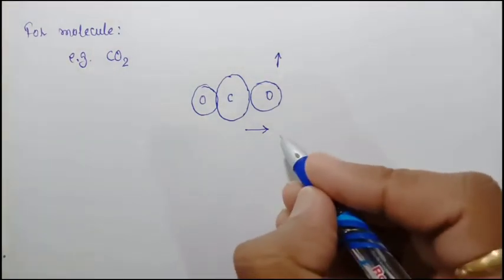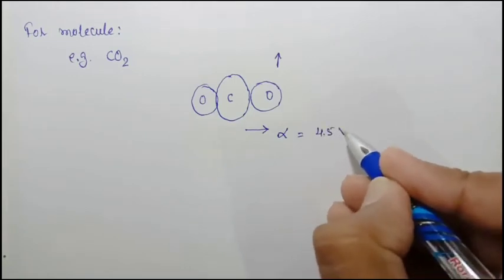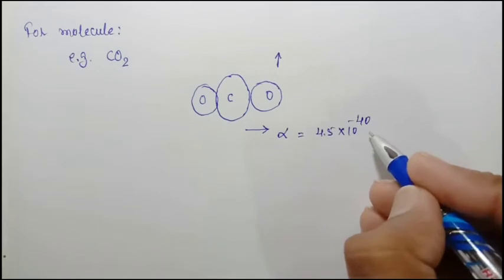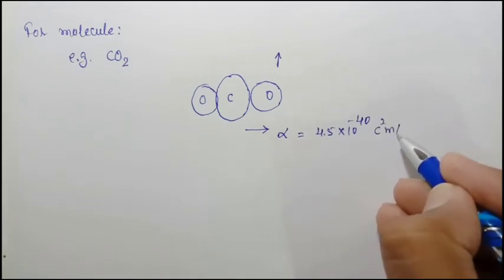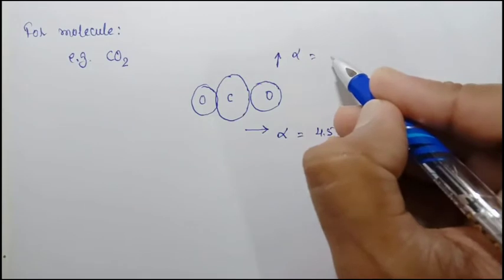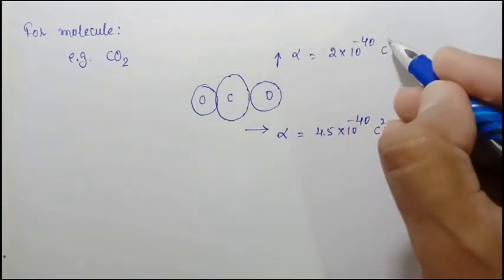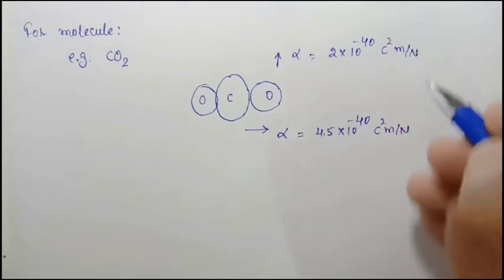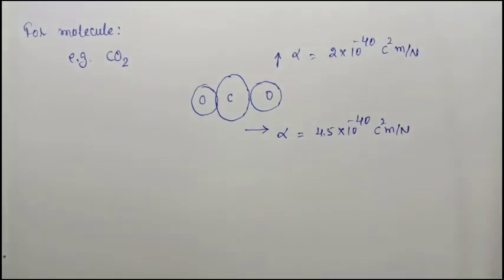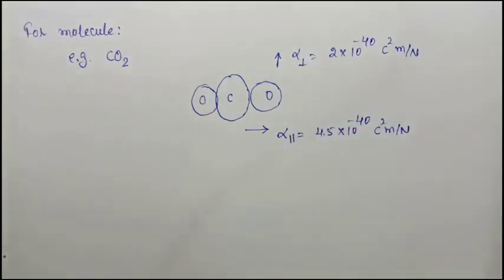In the parallel case, the atomic polarizability is 4.5 times 10 raised to power minus 40 C squared m per N, and in the perpendicular case, alpha is 2 times 10 raised to power minus 40 C squared m per N. So in CO2 we have two components of atomic polarizability, one for the parallel case and second for the perpendicular case.